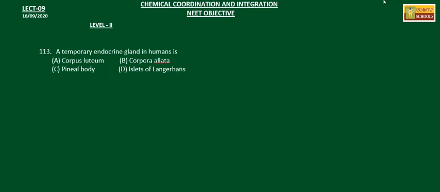The next question, a temporary endocrine gland in human. Here the temporary endocrine gland in human is the corpus luteum. This is formed after the Graafian follicle releases the ovum. It ruptures and releases the ovum, and the Graafian follicle develops into the corpus luteum.